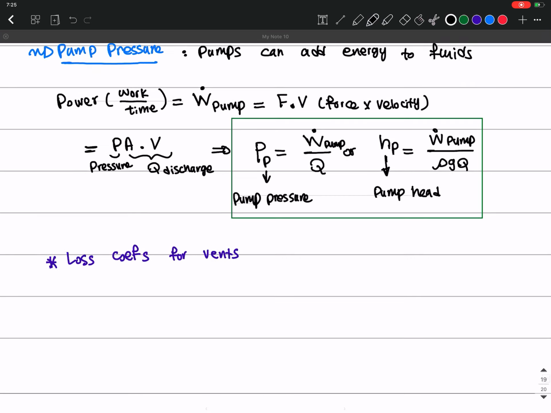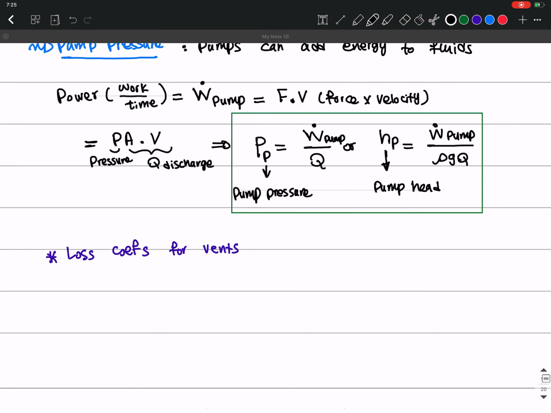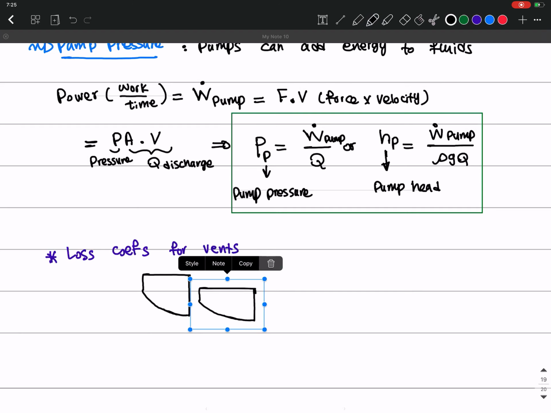So say if you have a vent like this, okay, and let's see.